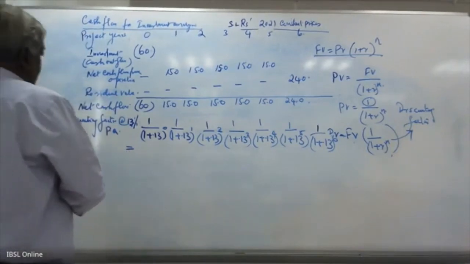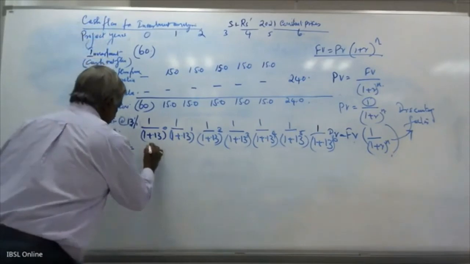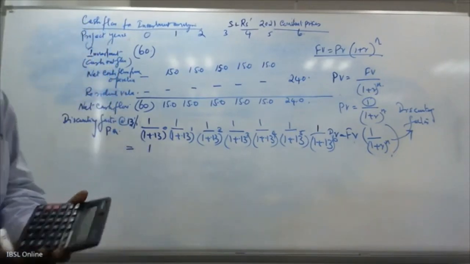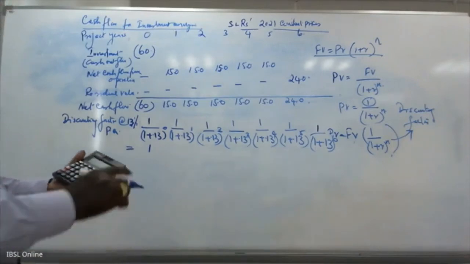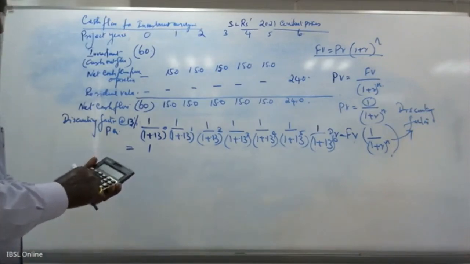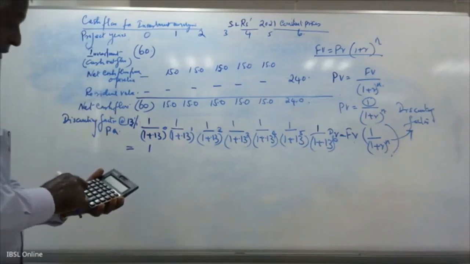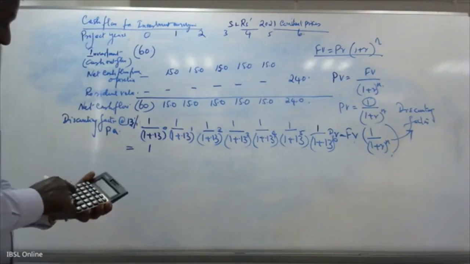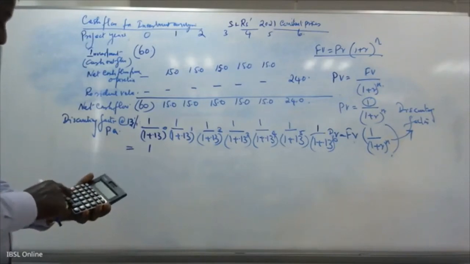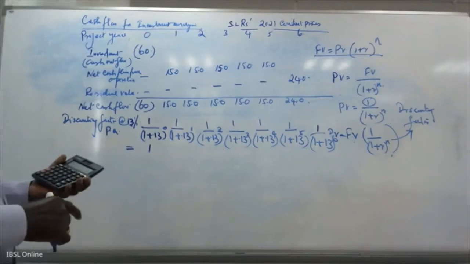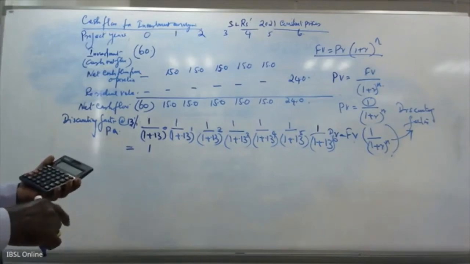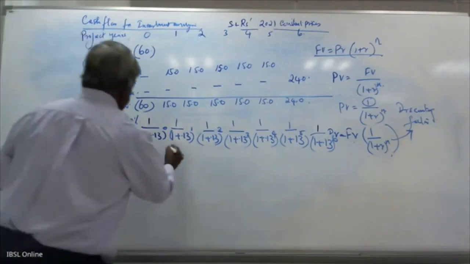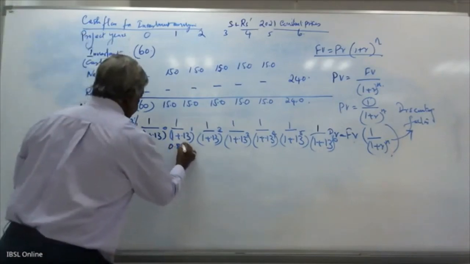Here it is 0, so that is 1, so the discounting factor is 1 during year 0. Then the next year, 1 divided by 1 plus 0.13, that is 1.13, equal sign, 0.884.